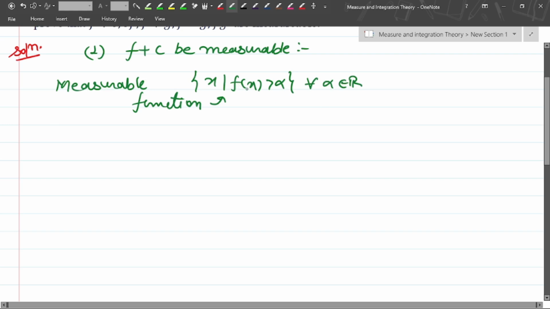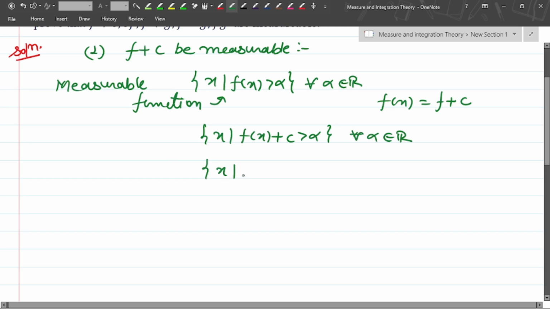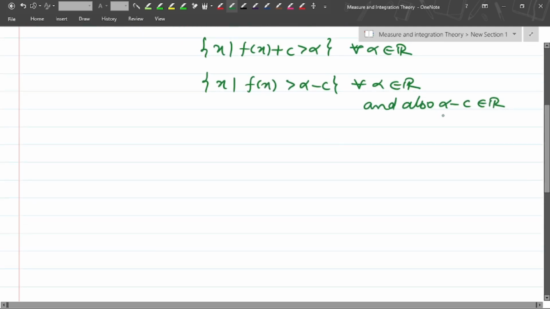Then we have the function f of x plus c. It means the set of x such that f of x plus c is greater than alpha for every alpha belonging to real numbers. So I can write it as f of x greater than alpha minus c, and alpha minus c also belongs to the real numbers.